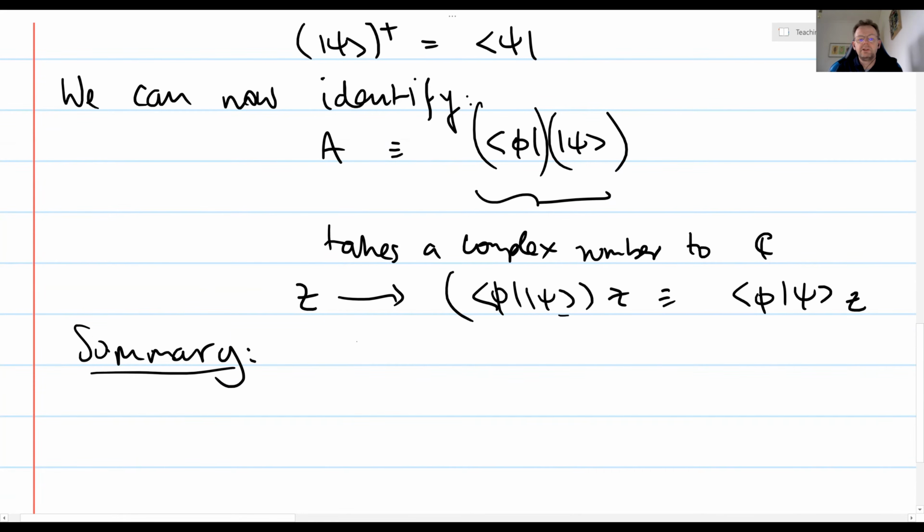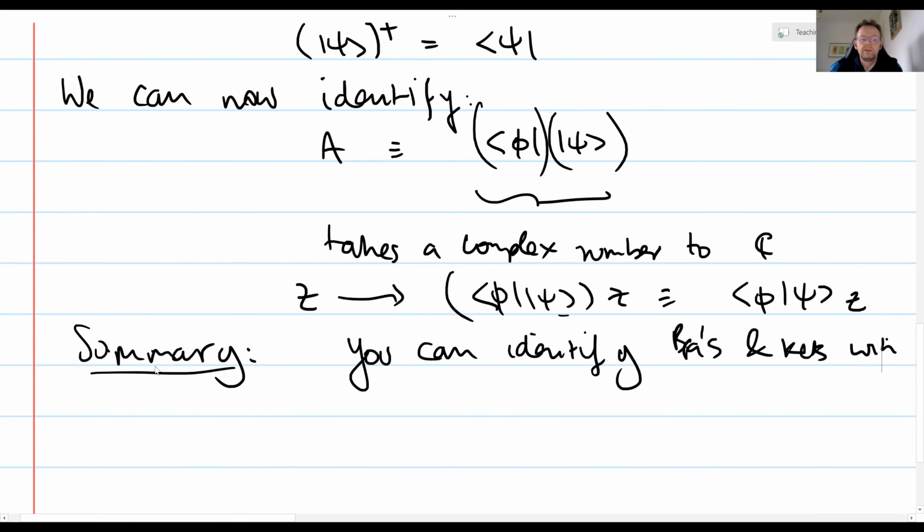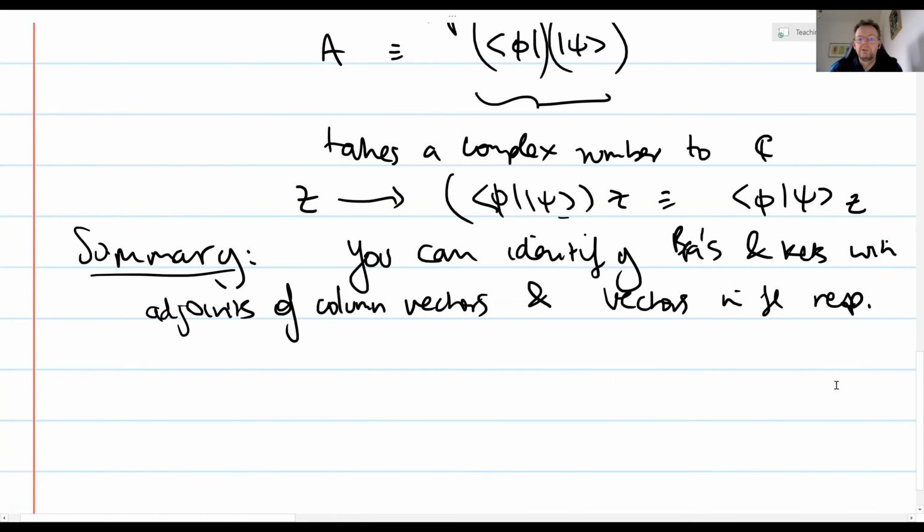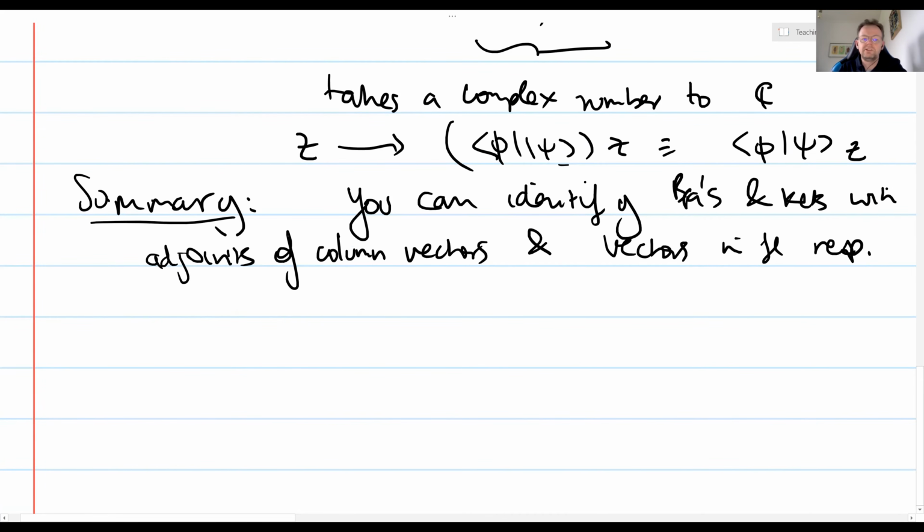So bras and kets you can identify with row vectors, or rather adjoints of column vectors, and vectors in H, respectively. Okay, I'll do one little quick example, then explain why we bother with this crazy notation, and then I'll hand over to Michael.